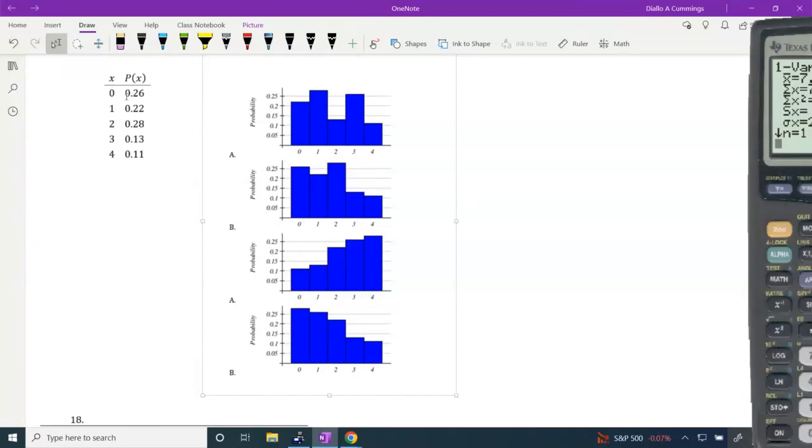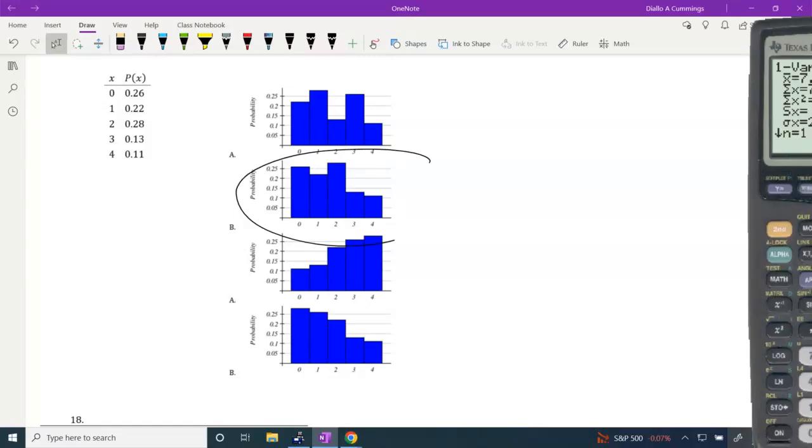So I want to find the probability distribution that has the random variable 0, and the probability is 0.26. It looks like this one. I want to find a random variable 1 that has a probability of like 0.22. I want to find a random variable 3 that has a probability of 0.28.